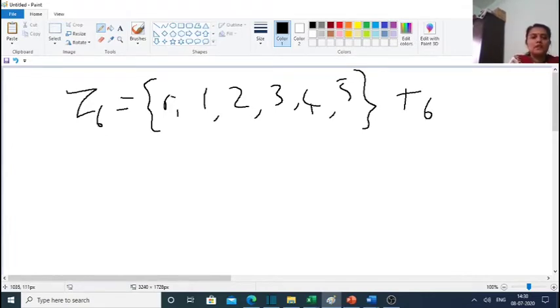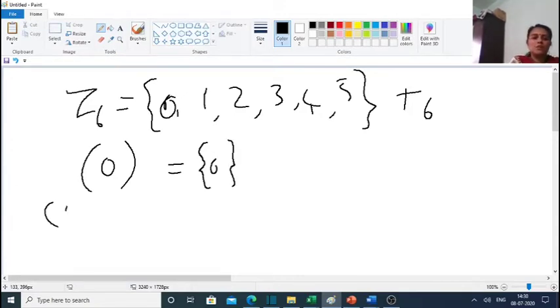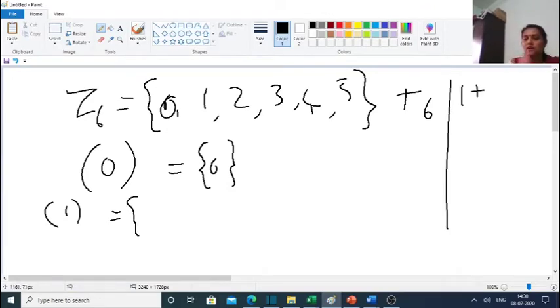So we can find the cyclic subgroups. The cyclic subgroup of 0: if we add 0 many times, we get the singleton set 0. Now 1: adding 1 one time, it is 1. 1 addition modulo 6 1 is equal to 2.